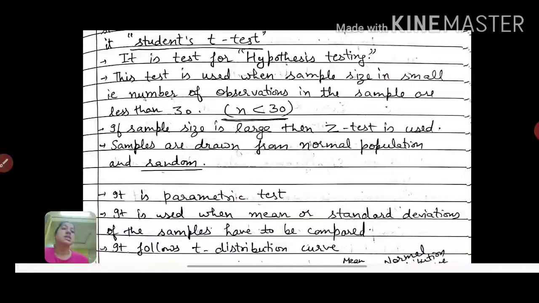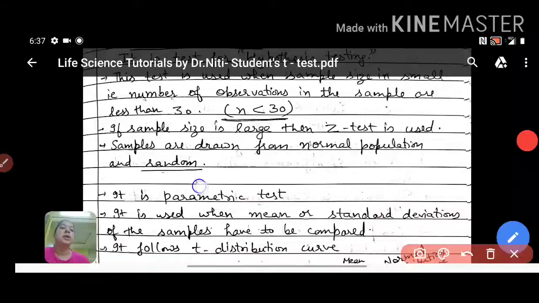Now this t-test is a kind of parametric test. Parametric tests mean all the observations follow the normal distribution curve, and these observations are drawn from the population randomly.